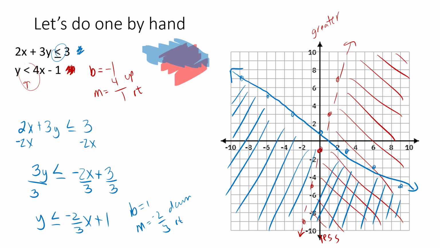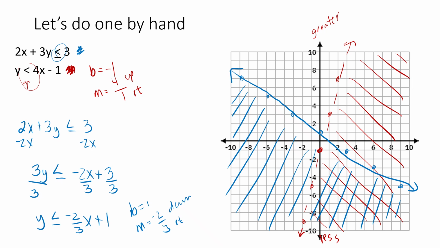What I don't like about this is that the shading obliterates. But typically if you were doing this with colored pencils, you could see where is one color, where's the other color, and where's the overlap. And that's what Desmos does as well. This just obliterates that when you're done.